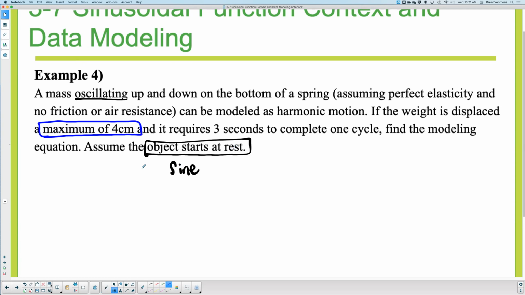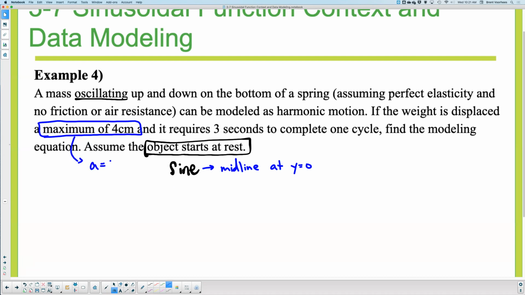If it starts at rest and it rises 4 centimeters, is it 4 minus 0 divided by 2? No, that rest is the midline. It's telling us sine with the midline at 0. Because it's a real world application, we can just say y equals 0. So this then would be giving us our A value, our amplitude.